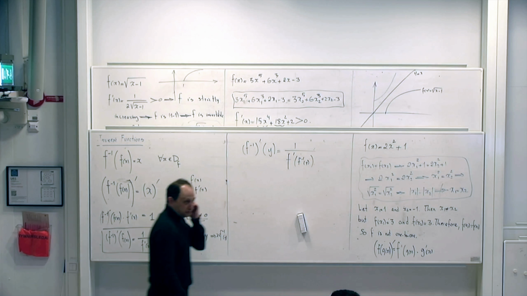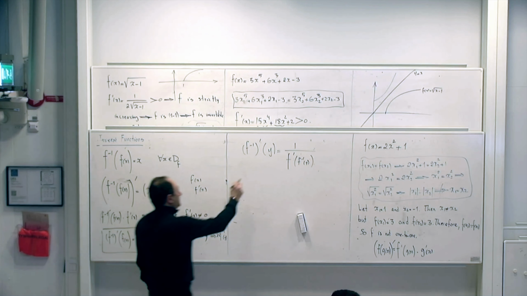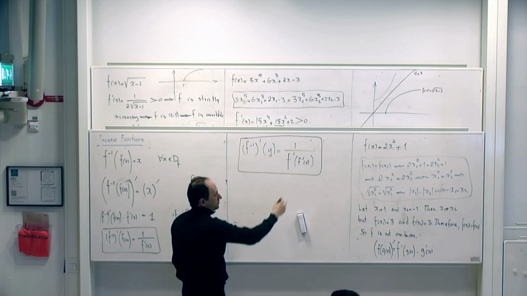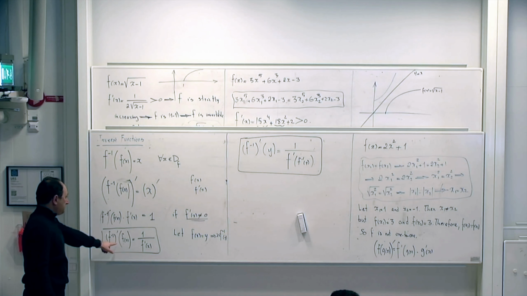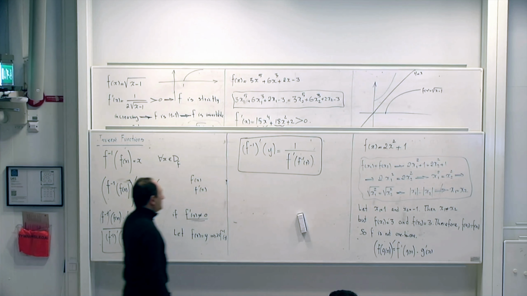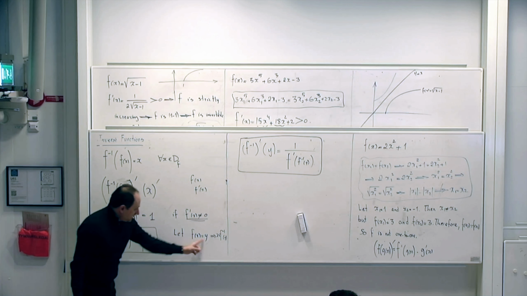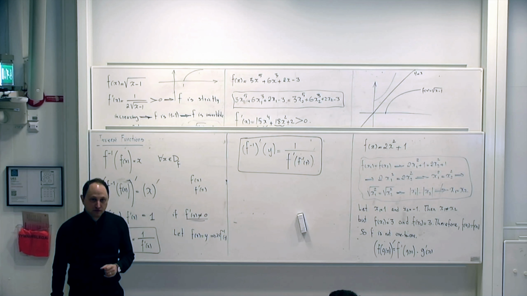Okay? So this is a good formula. I haven't written it down; I might add it for you later as a remark. That is the main theorem. It is in this way, but I would prefer to write it in that way. So if I ask you where y is from: y is f of x, so it is in the range of f, which is in the domain of f inverse.